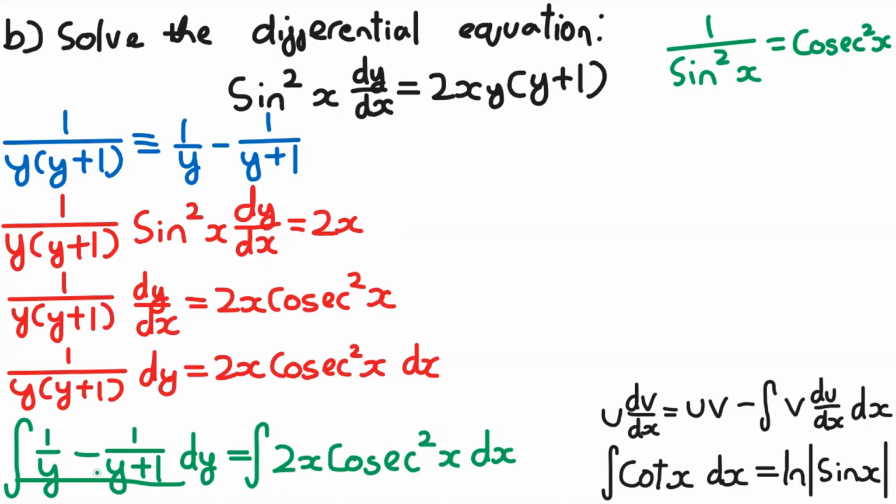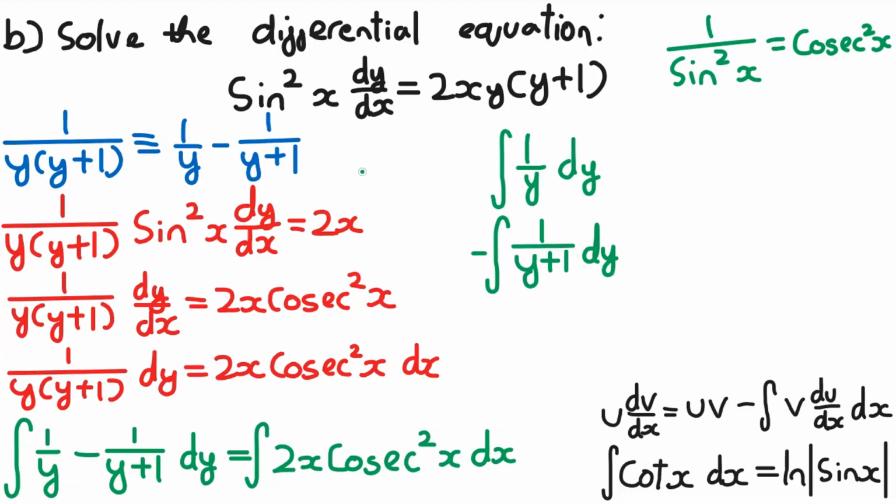So if we first focus on this side and consider these two terms individually, the integral of 1 over y dy, as we talked about before, is just the natural log of the modulus of y. And then this minus 1 over y plus 1, I've taken the minus out of the integral like this here.